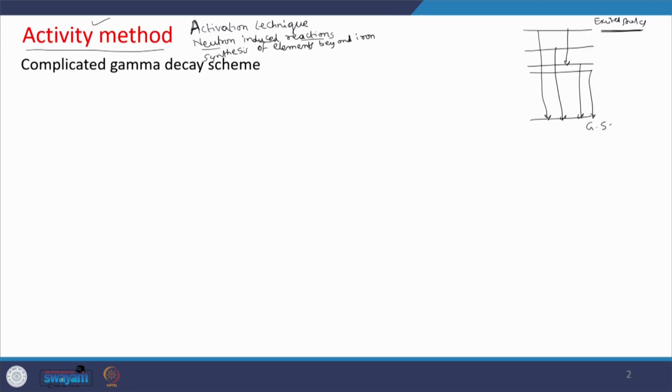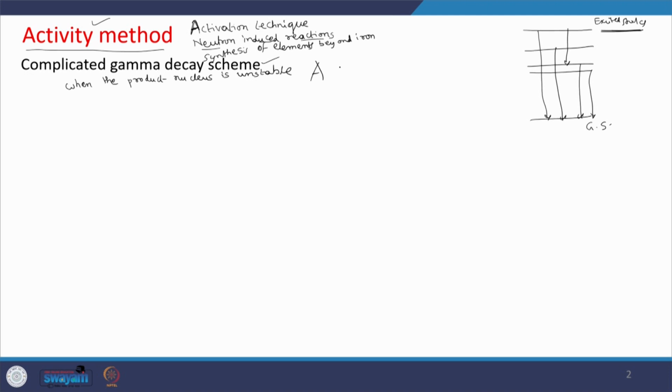All right. So, in this complicated gamma decay scheme, when you want to get rid of it, the activation method is useful only when the product nucleus is unstable.